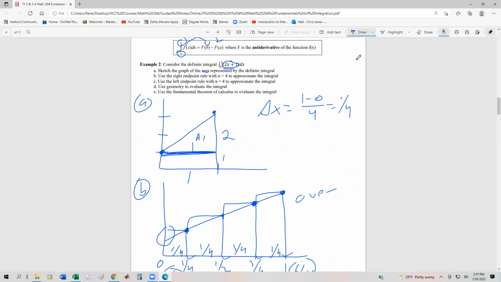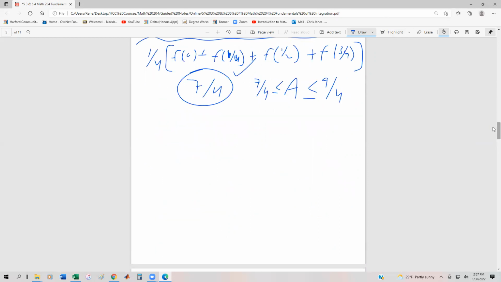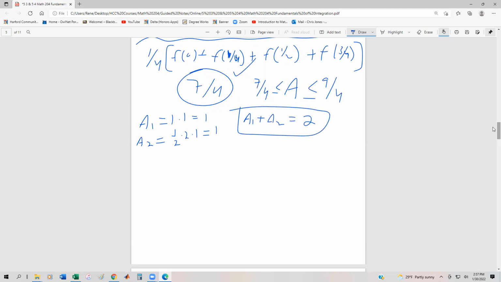If I call this A2 and A1, area 1 is going to be 1 times 1, which is 1. And then area 2 is going to be 1/2 of 2 times 1, which is 1 as well. And so the total area is going to be equal to 2. Now, that's the precise area, which makes sense because certainly 2 is between 7/4 and 9/4.